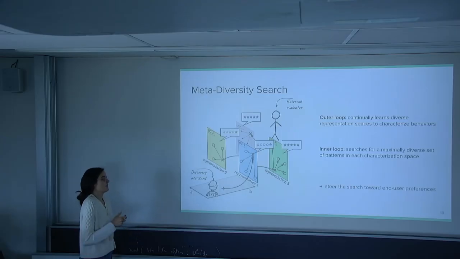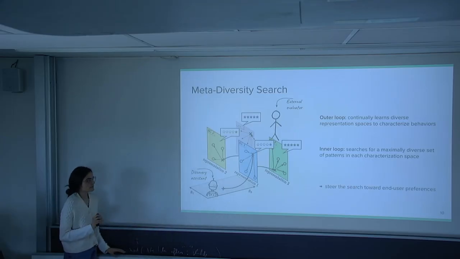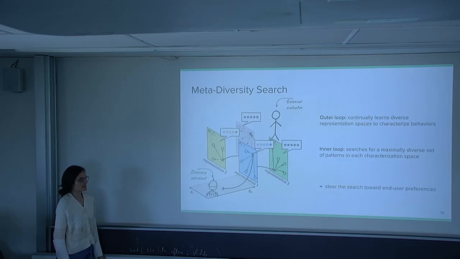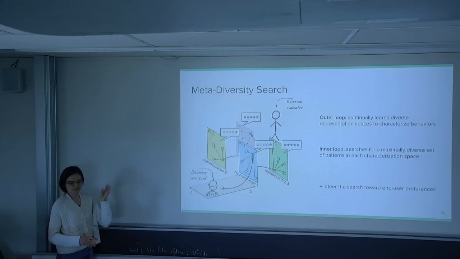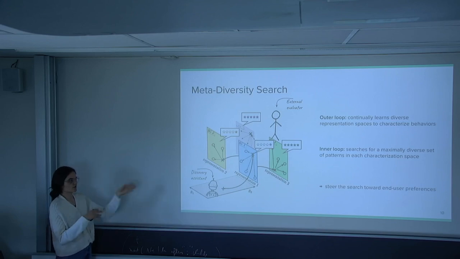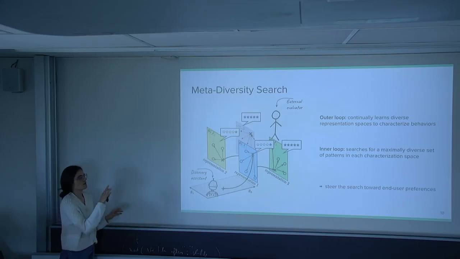A third ingredient that we added was the idea that, because we don't have an infinite budget, we should add some feedback from the end user, like the scientist interested in using this discovery assistant, so that we prioritize exploration in the spaces of interest.